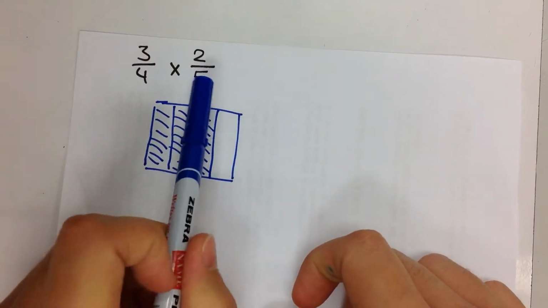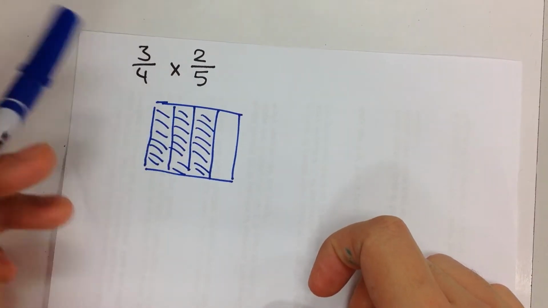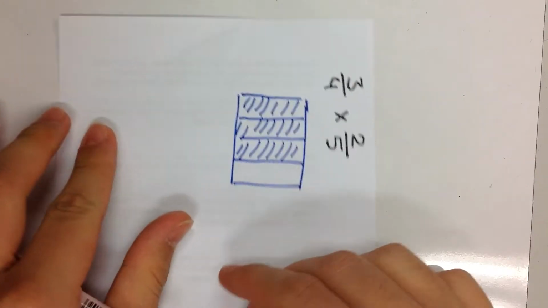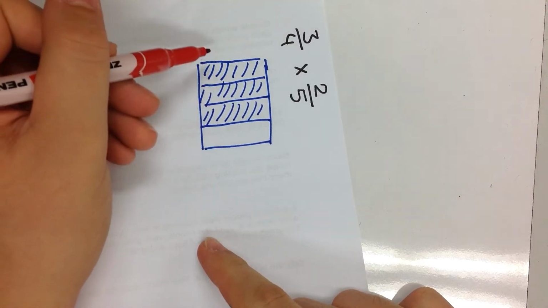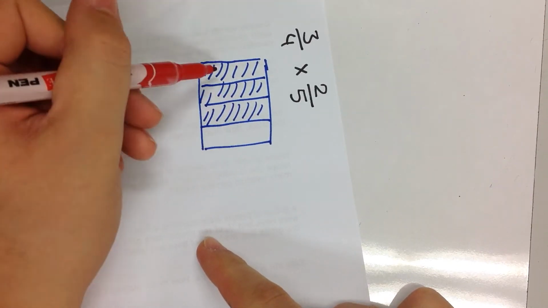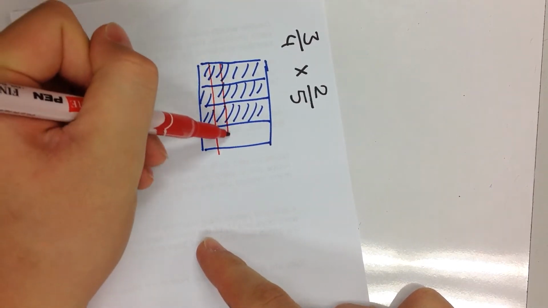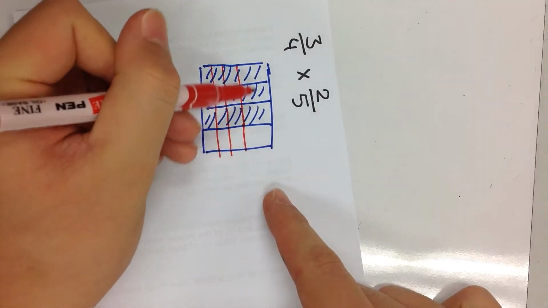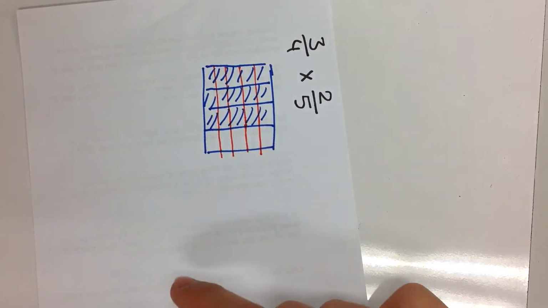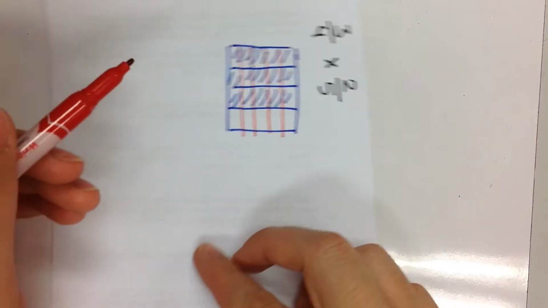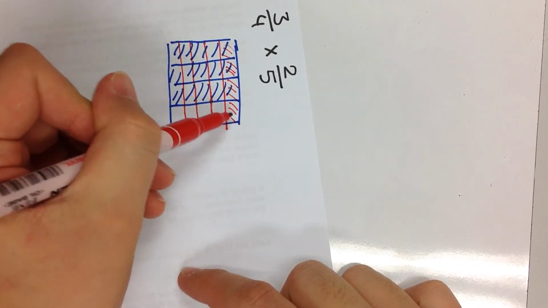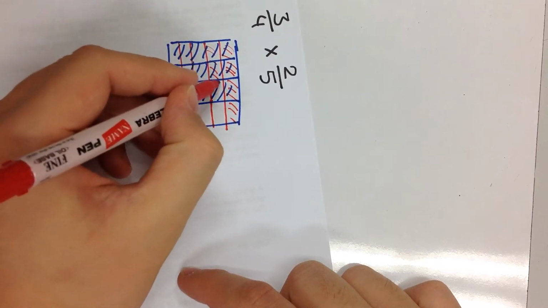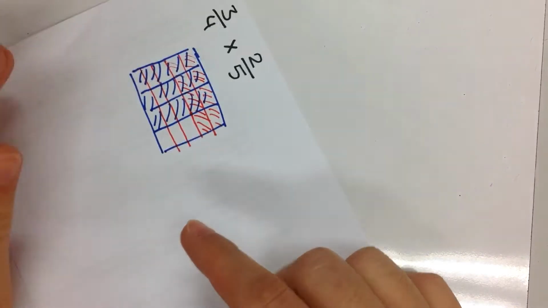And I'm talking about 3/4, so I'll shade in 3 of these fourths. And now I need to find fifths of that 3/4. Easy way to do that would be to spin my brownie tray around and chop that part into fifths the long way like this. And we're talking about 2/5, so I'm going to shade in 2/5 now. Alrighty.